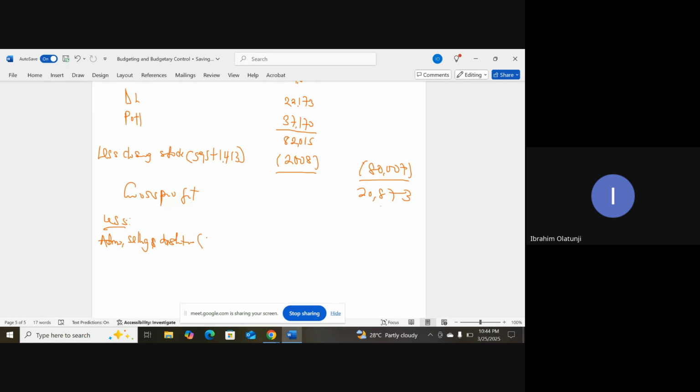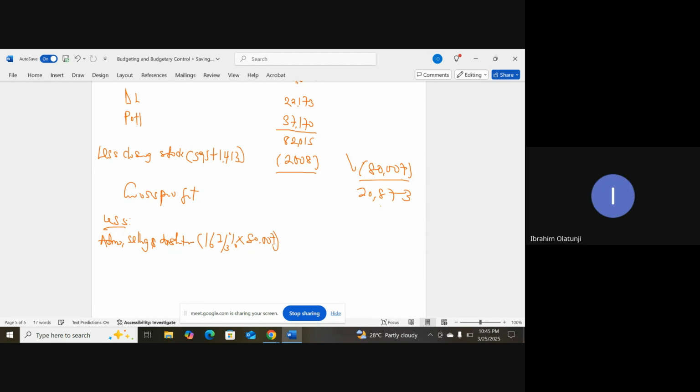So 16 2/3 percent multiplied by our factory cost. And our factory cost is this, which is 80,007.